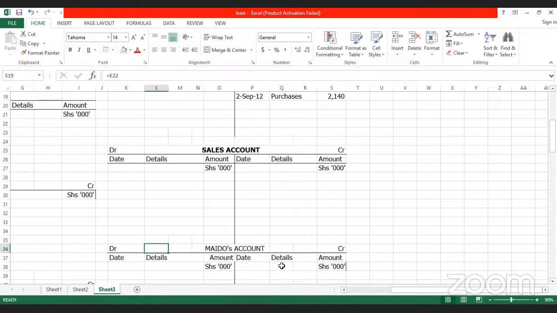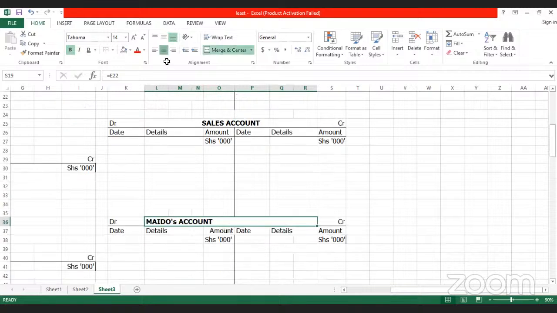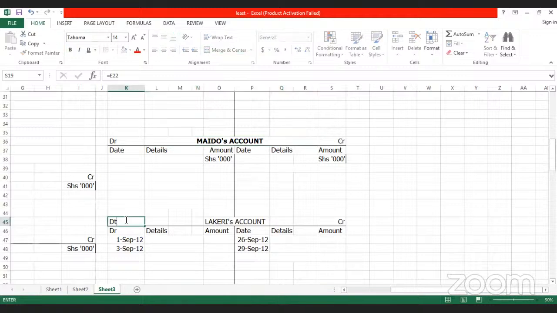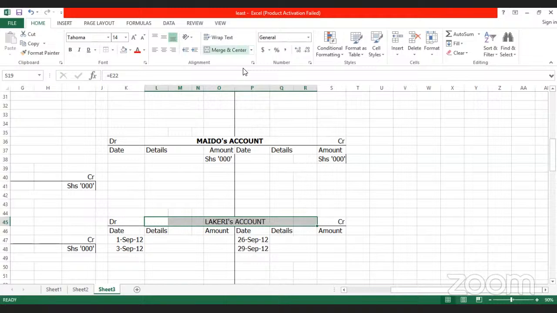So we have to first enter the opening balances of Maido and Lakiri. These are receivables of the business, and we know that receivables are assets. They have a normal debit balance brought down.